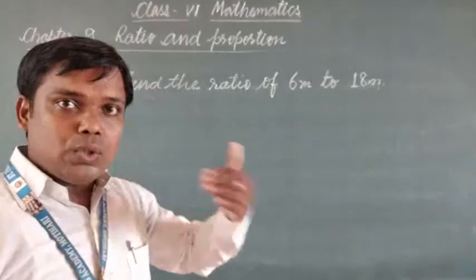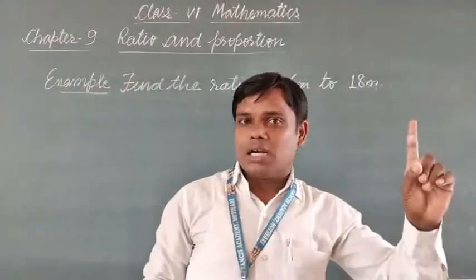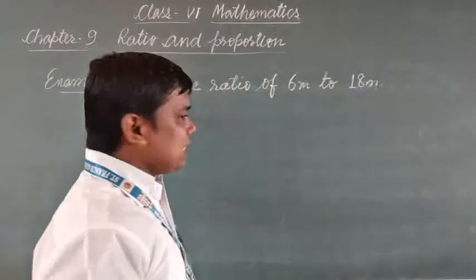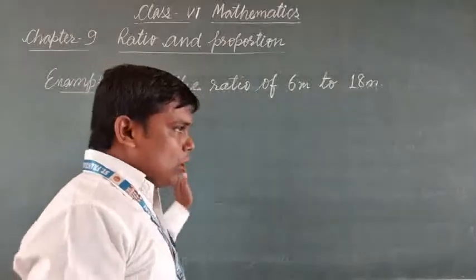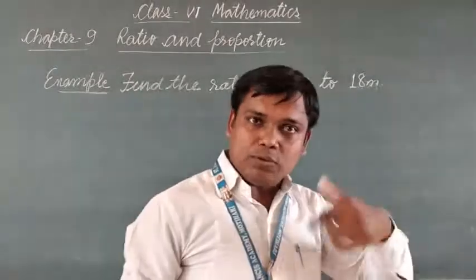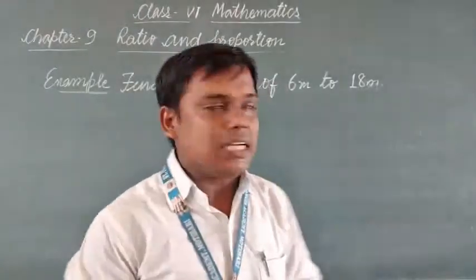You also have to know that a ratio is always written in order. If the question says find the ratio of first to second, we have to write the first quantity as the numerator and the second quantity as the denominator.